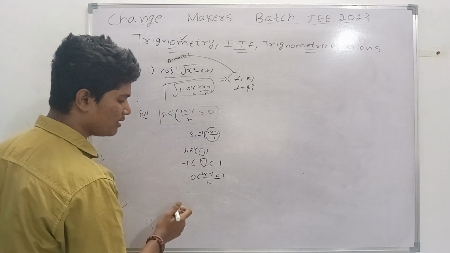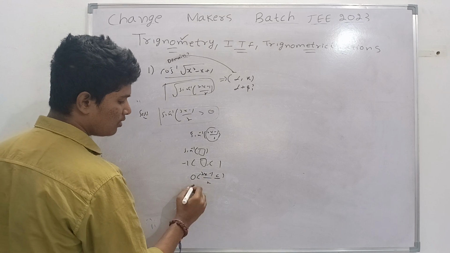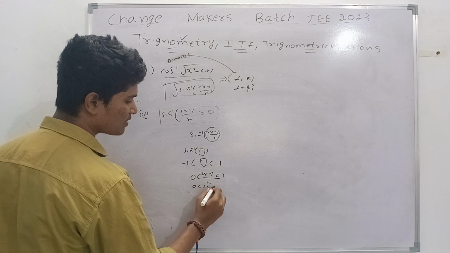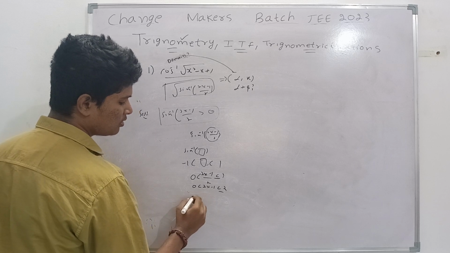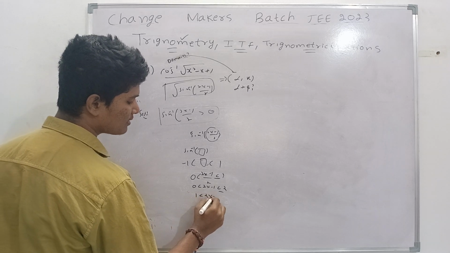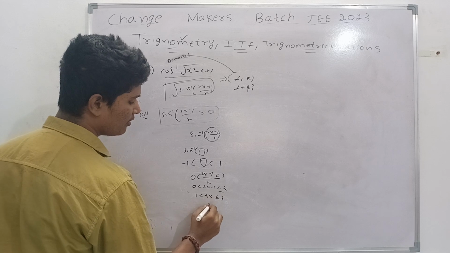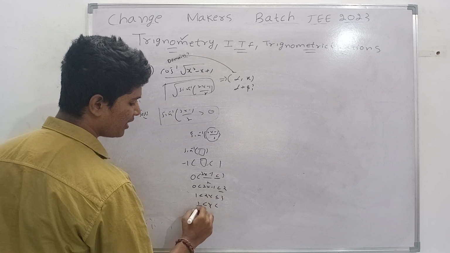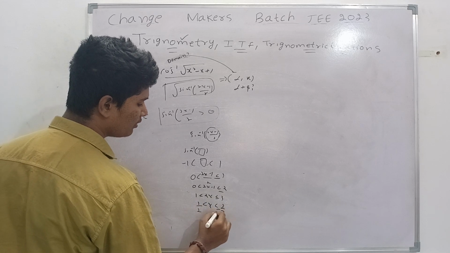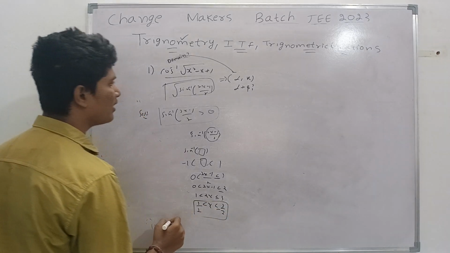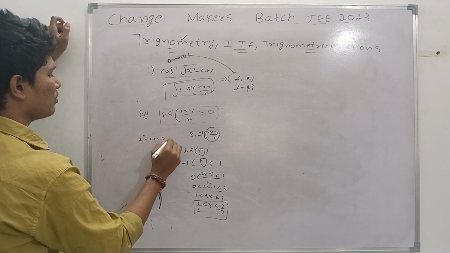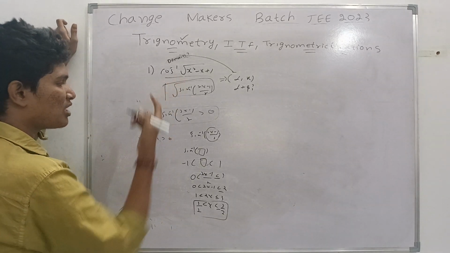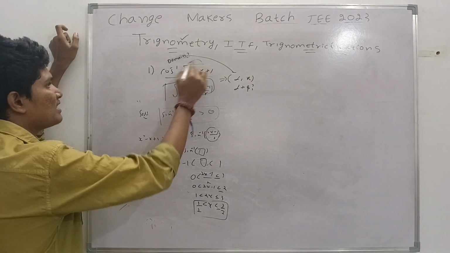Now when you solve this, 0 less than 2x minus 1 less than 2, so 1 less than 2x less than 3, and x is from 1 by 2 to 3 by 2. Keep this aside. Now if we take x square minus x plus 1 greater than 0, you have to keep it positive also because it is under root.